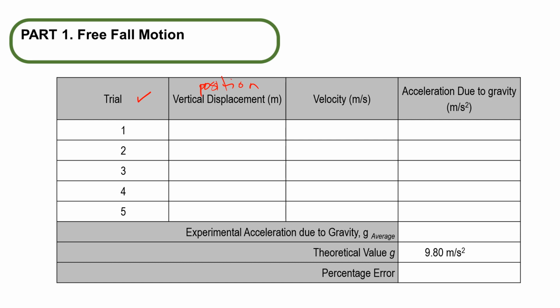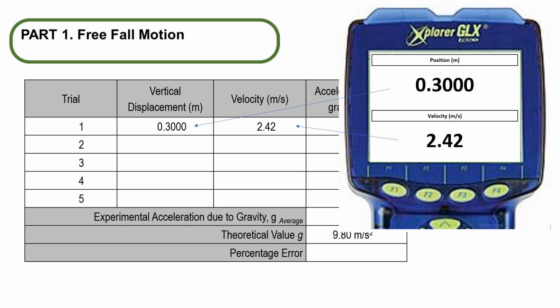The theoretical value for acceleration due to gravity is already given here, and that is equal to 9.8 meters per second squared. So what we need to do is record the position under the vertical displacement, expressed in meters. And then the velocity, which is the second reading, should be recorded here under the velocity. So these are the data for trial 1.